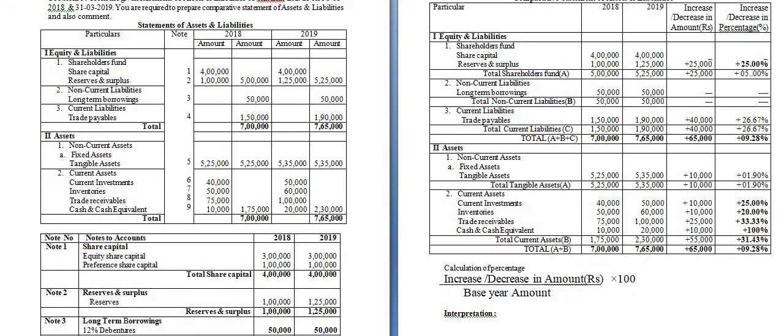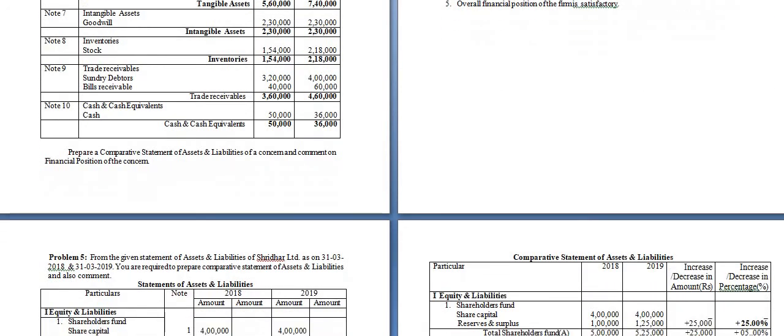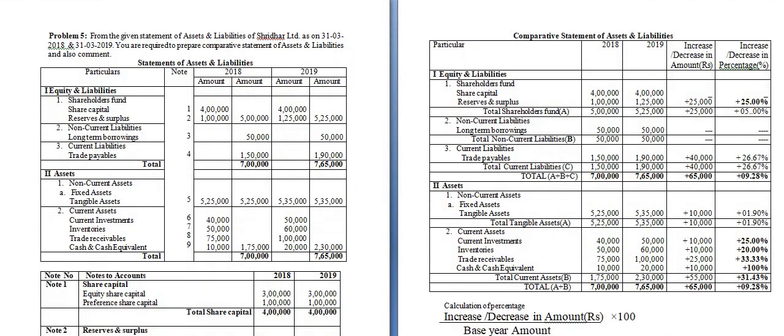I hope you have understood the preparation of the comparative balance sheet. In the next class we will solve one more problem on the comparative balance sheet. Okay, thank you.